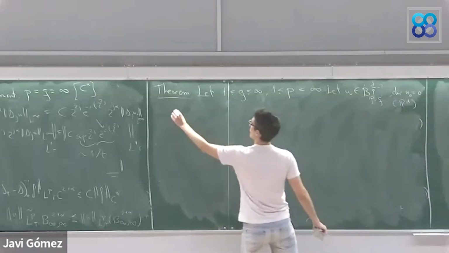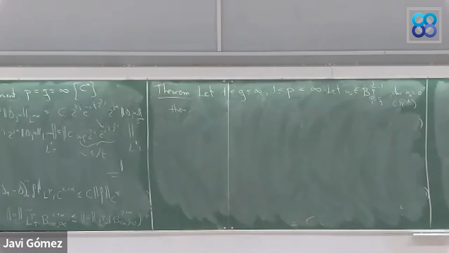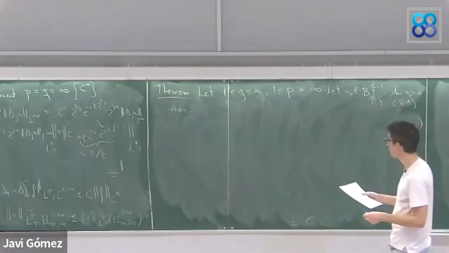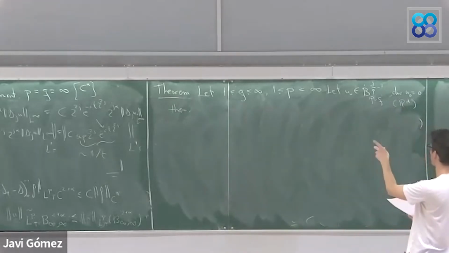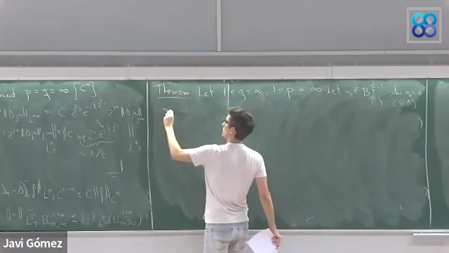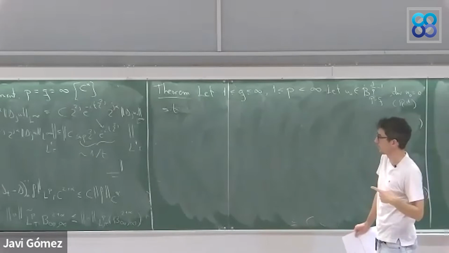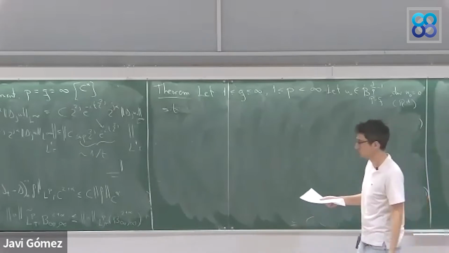Then there exist unique solutions to Navier-Stokes. So I said today we were going to prove it using a fixed point argument, so we need a small solution.